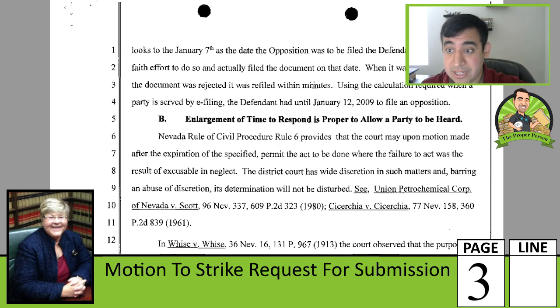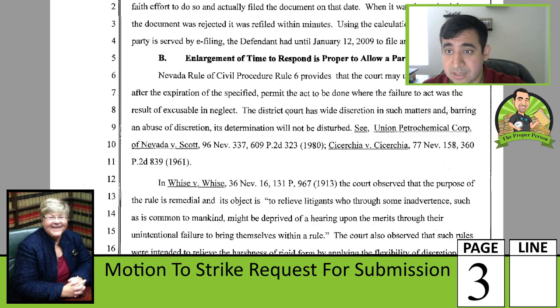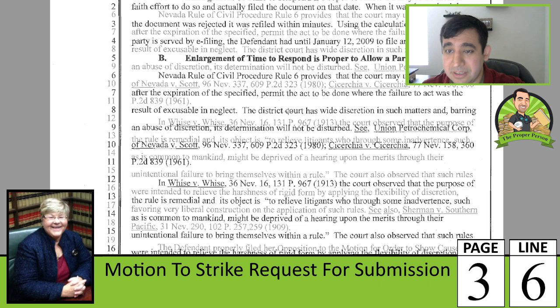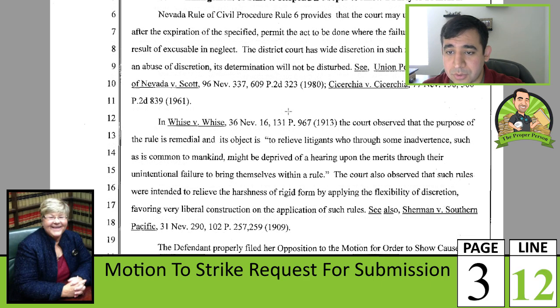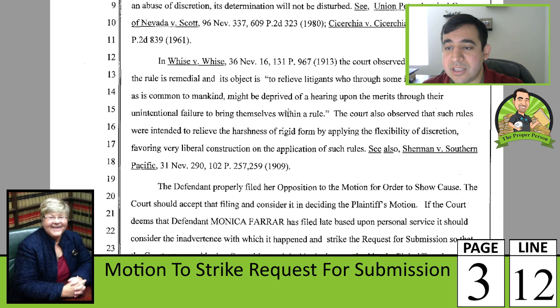Let's scroll on down here. Section B, enlargement of time to respond is proper. Now, it sounds like she's asking the court observed that the purpose of each rule is remedial and its object is to relieve litigants who, through some inadvertence, such as is common to mankind, might be deprived of a hearing upon the merits through their unintentional failure to bring themselves within a rule. So she's basically saying that the harshness of rigid application of the rules can hurt a person, which is true.